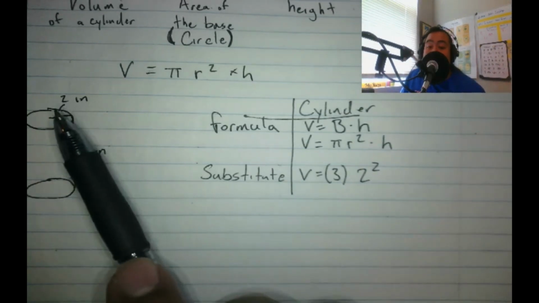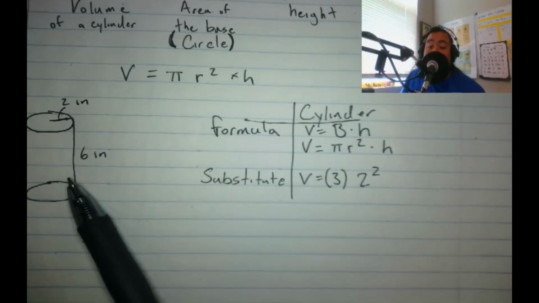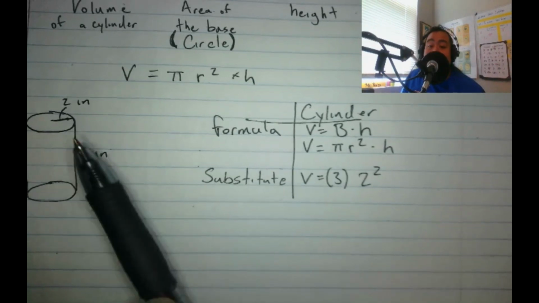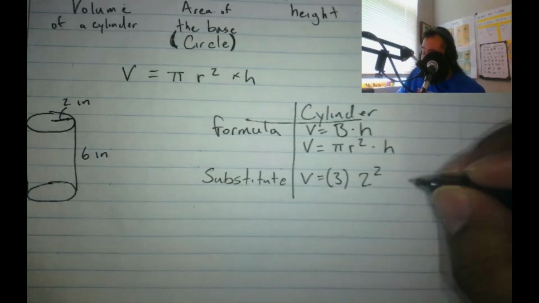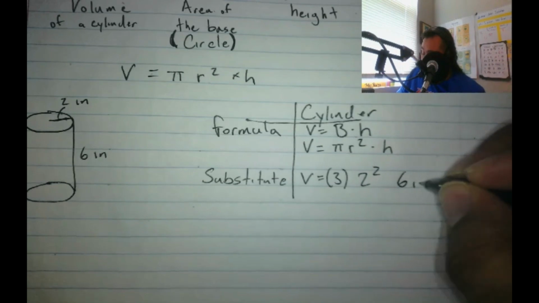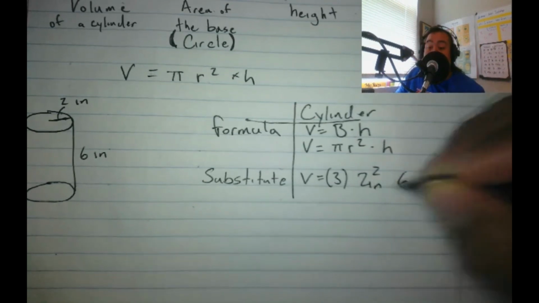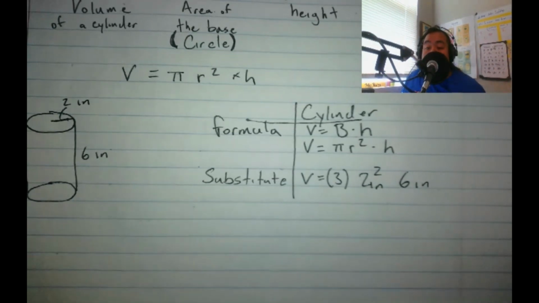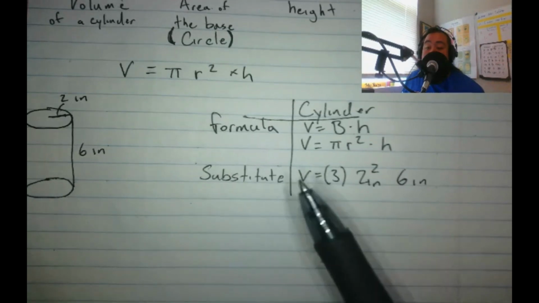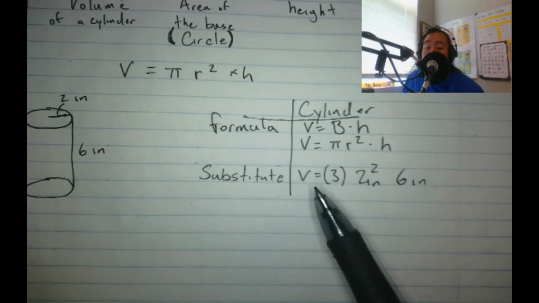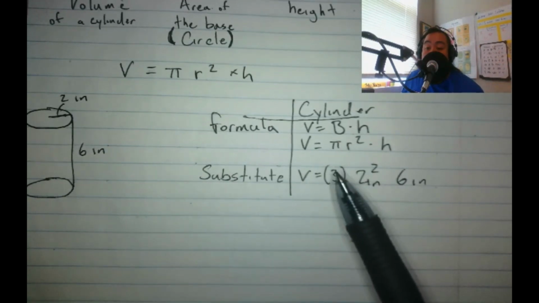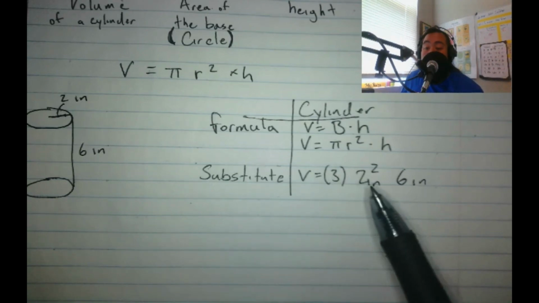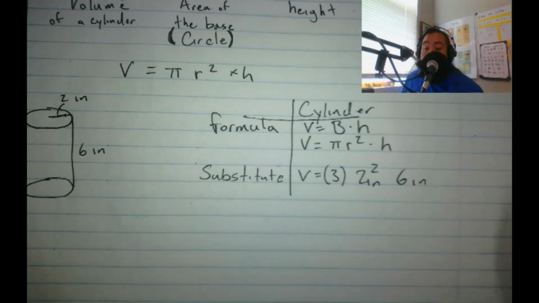I have a circle up here on top, I have a circle down here, and the space in between them is these 6 inches. Oops, almost forgot to write my inches right there. Alright, so our substituted value is volume equals 3 for pi times our 2 inches, squared, times 6 inches.